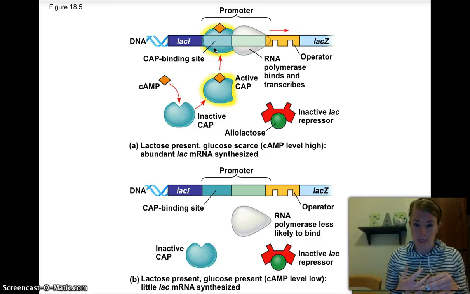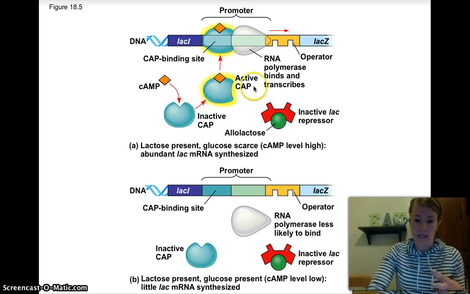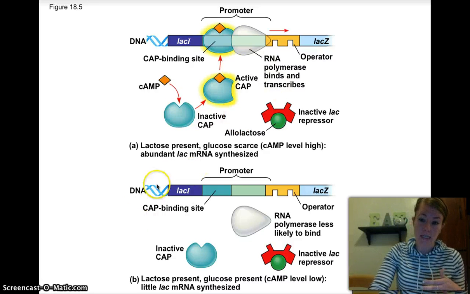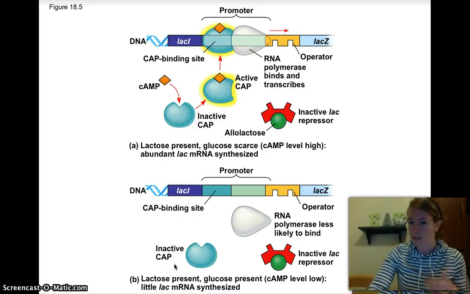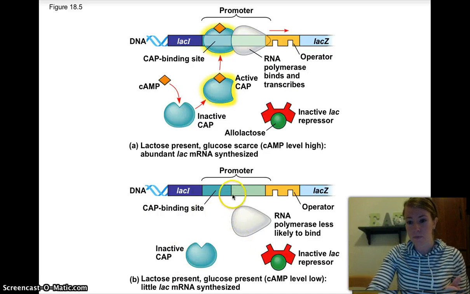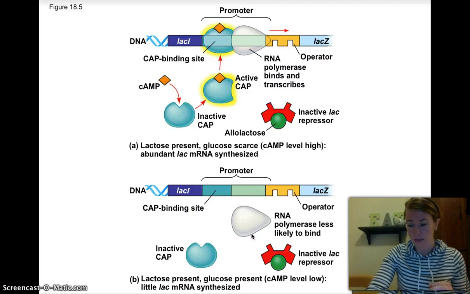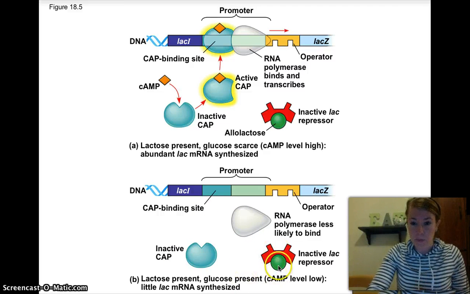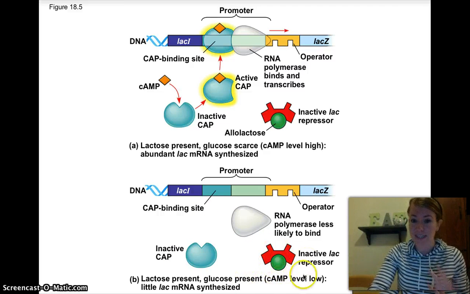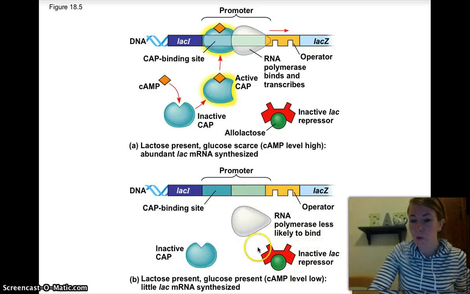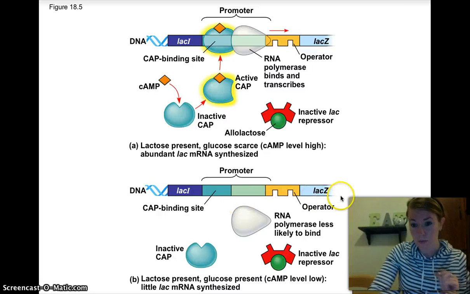If lactose is present and glucose is present, cAMP does not bind to CAP. It doesn't get activated, so it doesn't help the promoter call out to RNA polymerase. So lactose is present, so it's bound to the repressor, so the repressor is not binding to the operator, but nothing is really pulling RNA polymerase to the promoter region.